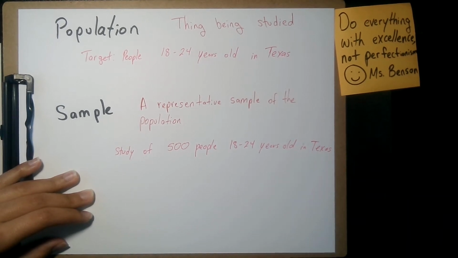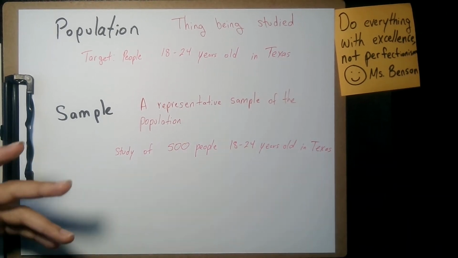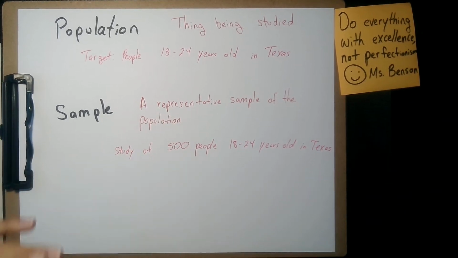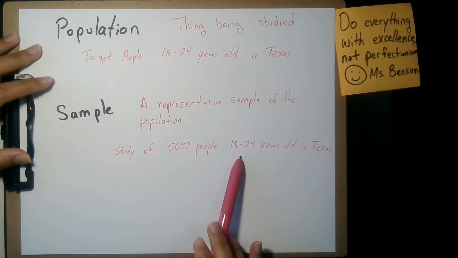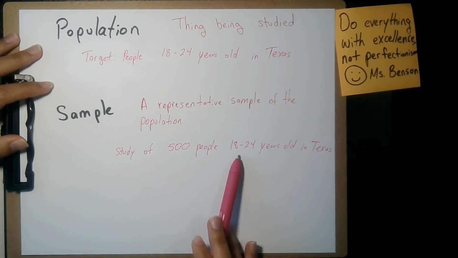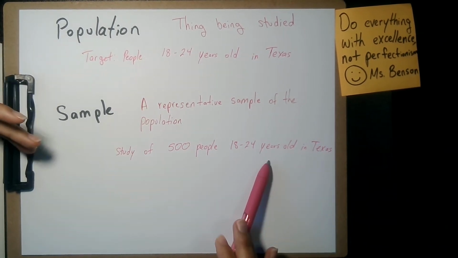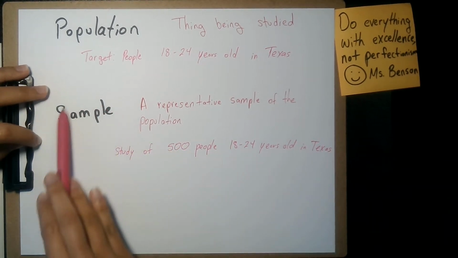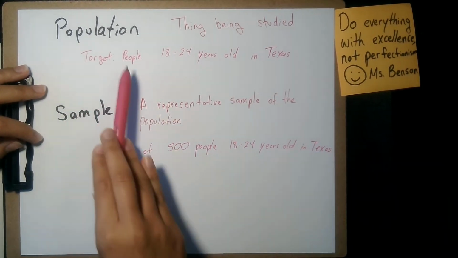You could even do it with a much lower number, maybe a group of 100 people, but you have to be more mindful of all of these little variables. Like, okay, so 18 to 24-year-olds, are these people who have a job, don't have a job? You're going to try to make sure that the characteristics of your sample are the same as your population.